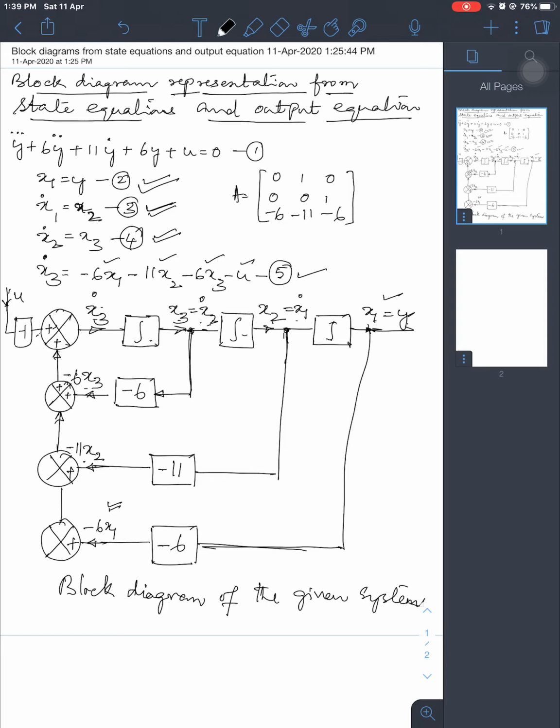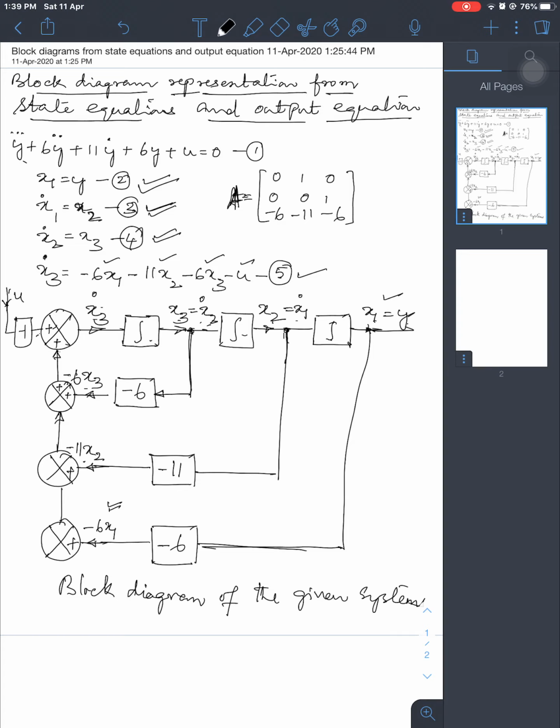From the equations 3, 4, 5, we can write the system matrix A as equal to 0, 1, 0, 0, 0, 1, minus 6, minus 11, minus 6. So if you look at these equations, you can write the matrix A. When we model a linear control system using the phase variable method, given the differential equation, we can write the system matrix A by inspection.